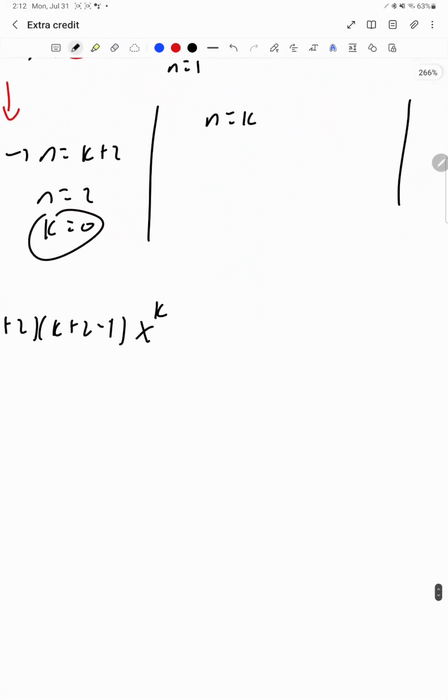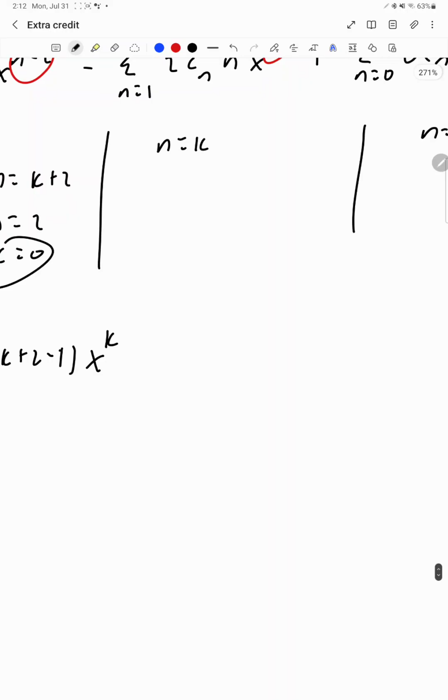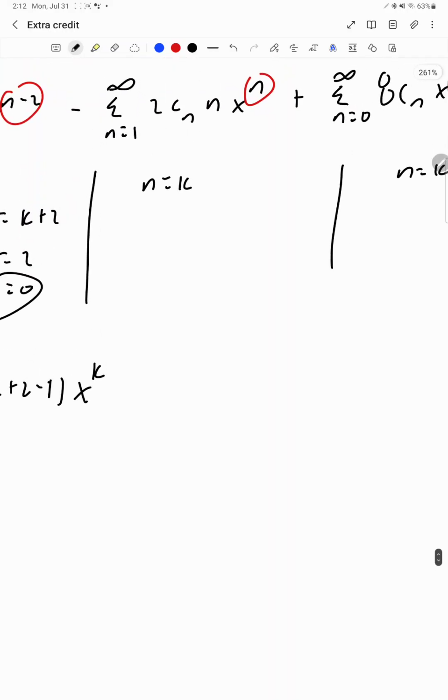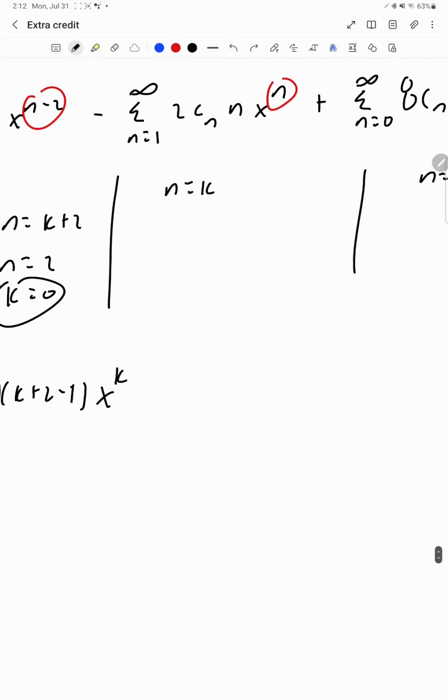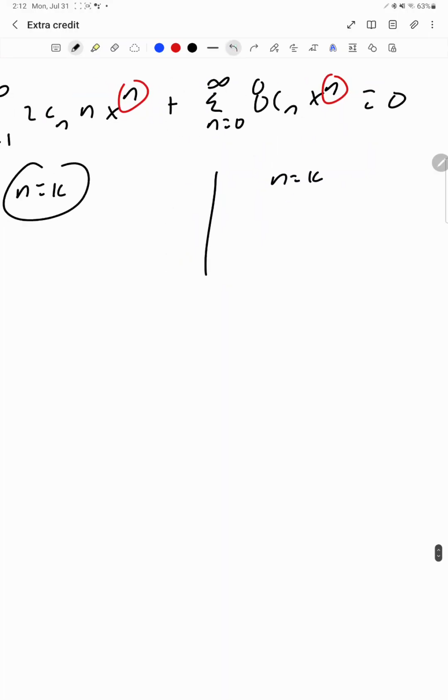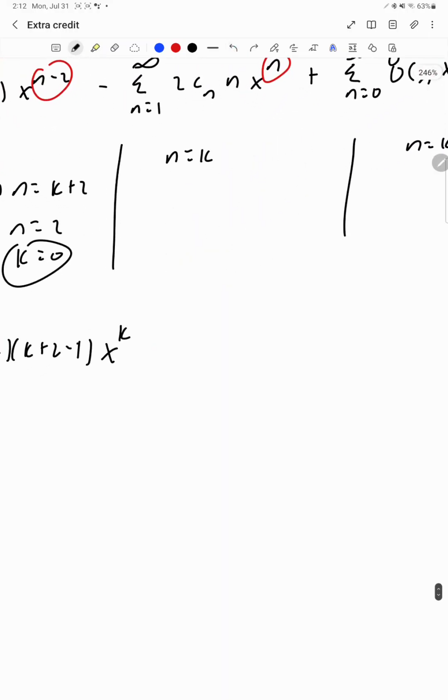And then for the second sum, we're just going to plug in n equals k. So all the n's here change into a k, because that's what we wrote down for here and here. So we're going to do that for the second and third sum.